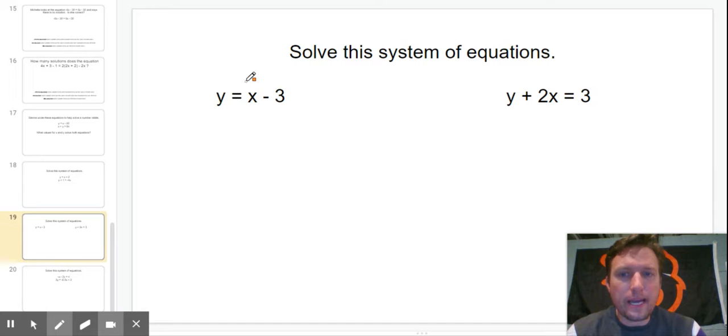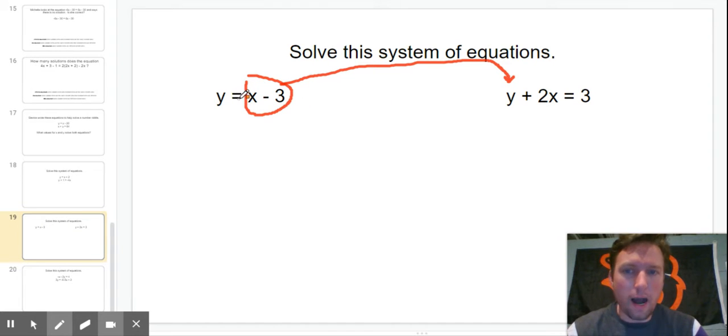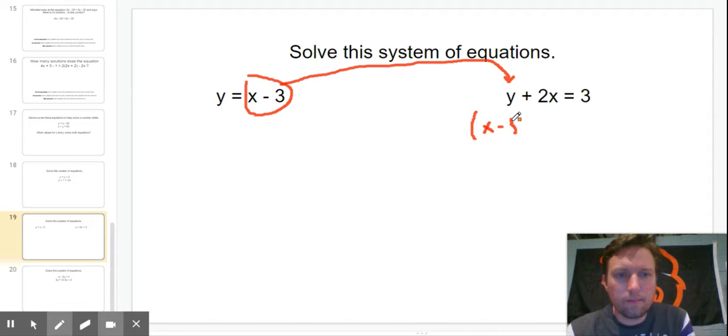So I'm going to take this value here, x minus 3, and plug it into this spot for y, because y equals x minus 3. I'm plugging in x minus 3 because these equations are a system, so they have the same value for x and y.